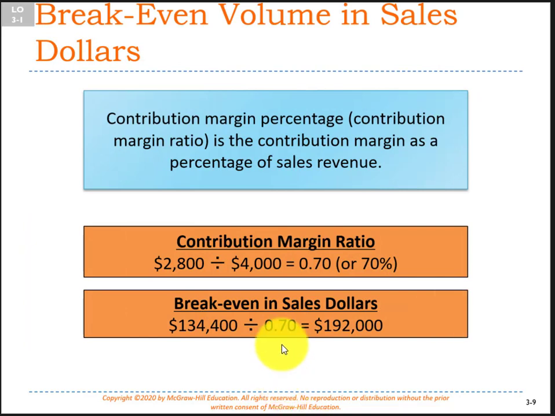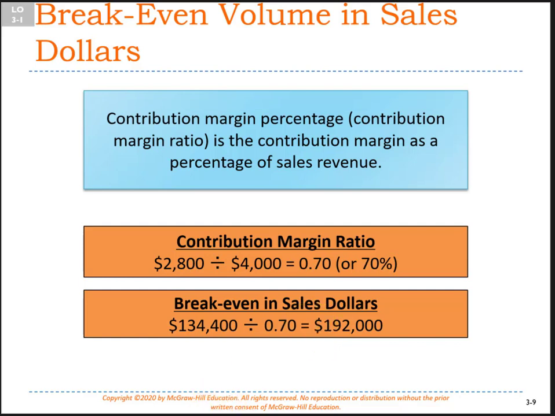So what does that do for us? That gets us a little different formula. Now we take the fixed cost, we divide by the 0.7 or 70%, and we get the break-even point not in units, not in number of trips this time, but in dollars. So if we're wanting to know, okay, 48 trips, that's great, but what does that mean in sales dollars?